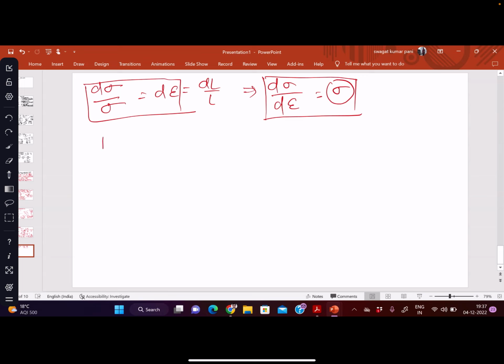So how do you show this graphically? True stress versus true strain. Here we are considering only the plastic region, so I will just draw the plastic region here. This is our tensile curve going like this. Another curve will come, which I will show in a different color.